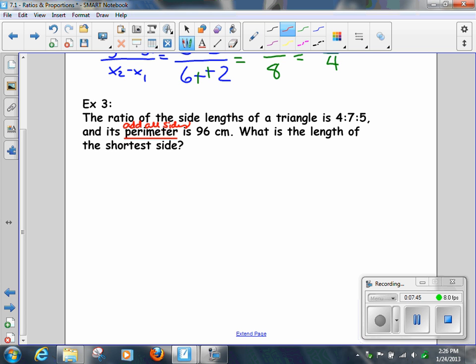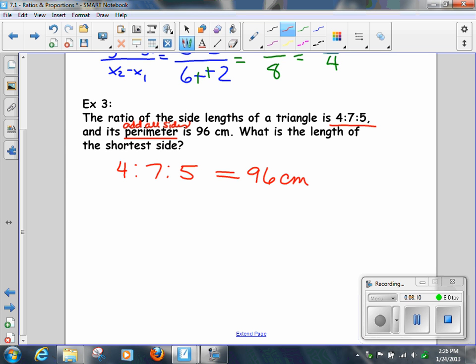Our ratio is 4 to 7 to 5, and it totals 96 centimeters. Okay? 4 to 7 to 5. Here's what I would do.